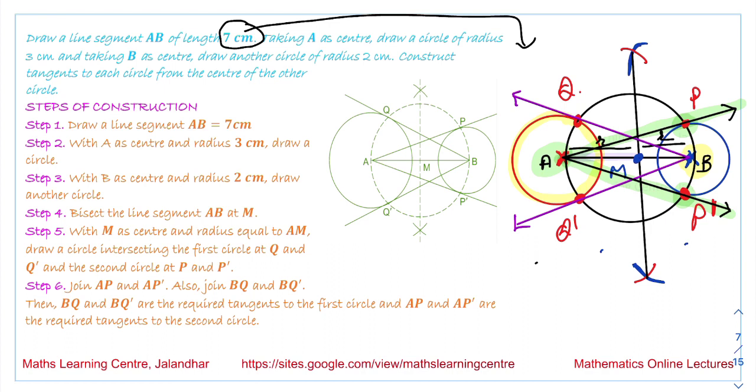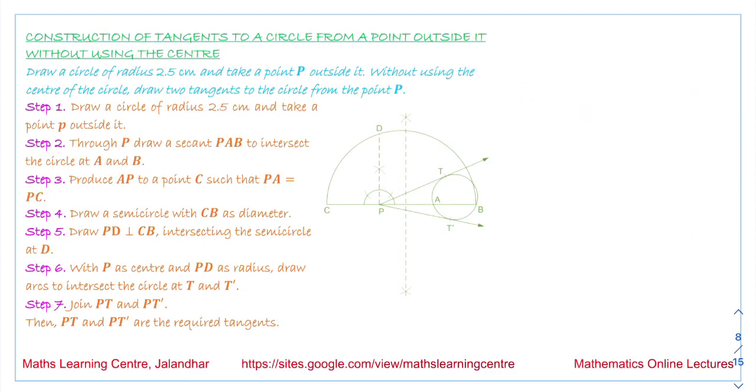Now the next construction we have to construct is the tangent to a circle from a point outside it without using the center. So a circle is given to us, and a point P is given outside this circle.